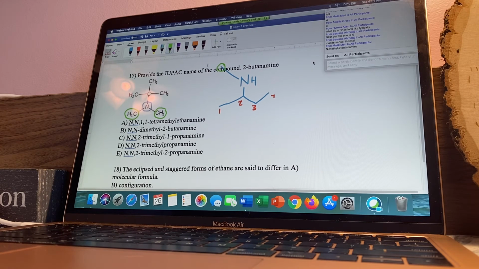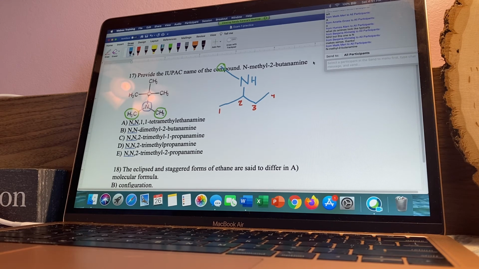And so the way that you name that is you say N-methyl. Yeah, exactly. Now you say N-methyl, and then you still have 2-butanamine because remember the amine is still off of the second carbon, right?